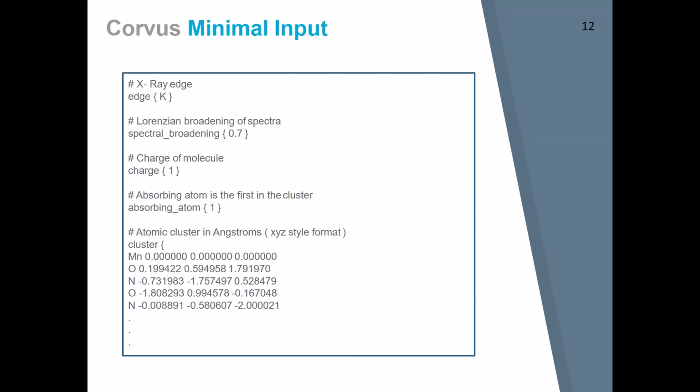And those would really benefit people, but we want people to be able to use those on Windows with FEFF, for example. So the way Corvus works is that you don't have to have any of these external codes, or at least you don't have to have all of them, right? So if you just have FEFF, you'll still have access to a lot of workflows. Okay, cool. Thanks. You're welcome.